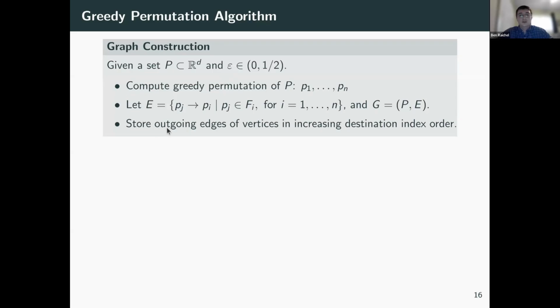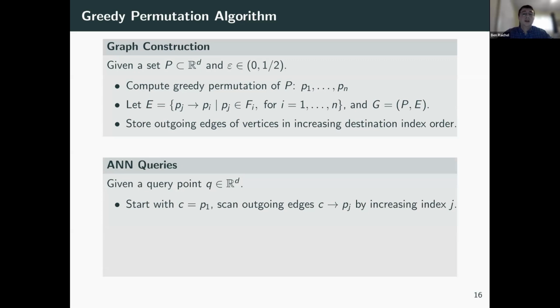And then I'm going to store the edges for a given vertex in a certain order, right? So I have edges leaving this vertex. I'm going to store them in increasing index order. Okay, so when I look at my neighbors, I always look at them in terms of increasing index. Okay. So then how do I answer a query? It's very simple.